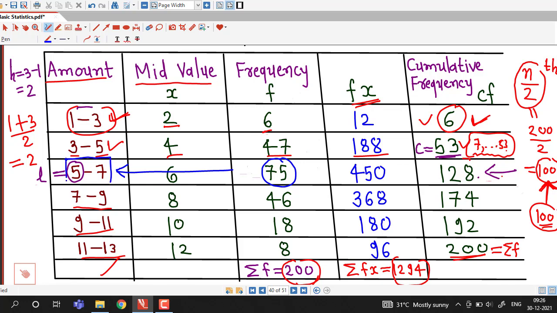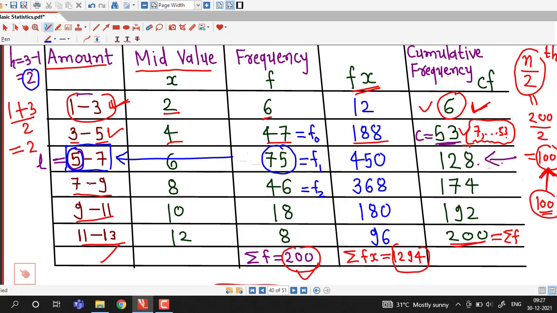So 5 to 7 is the modal class also, and we will denote this frequency by F1, this frequency by F0, and this frequency by F2. So we will require these values in the formula for mode, and we will require the lower limit of the modal class, which is 5 here, and the class size remains the same, equal to 2.